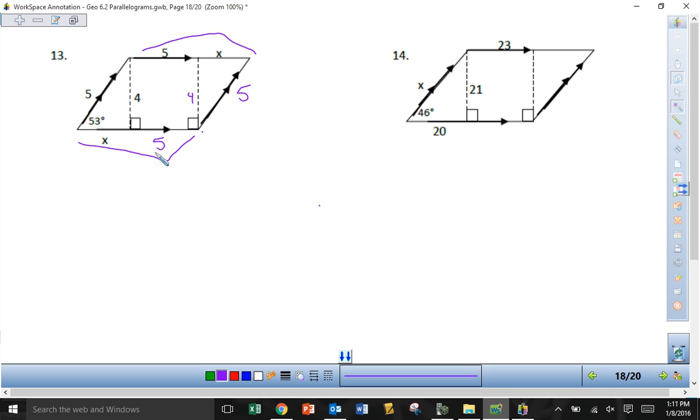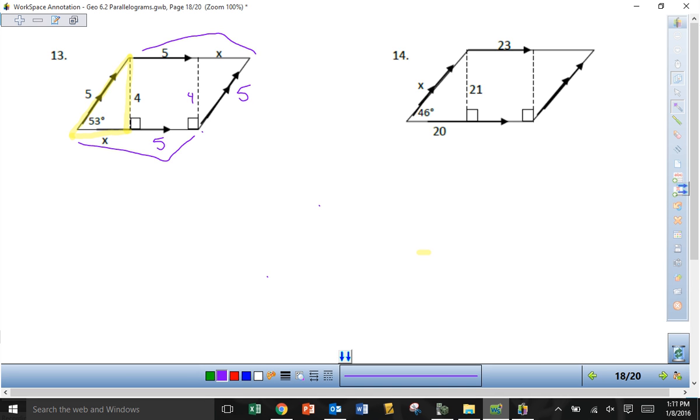We still don't have enough for the total length, but let's see if we can find what that x value is. If you take a look at where the x is located, it's along the bottom here, and what's formed is a right triangle. We know something special about right triangles.